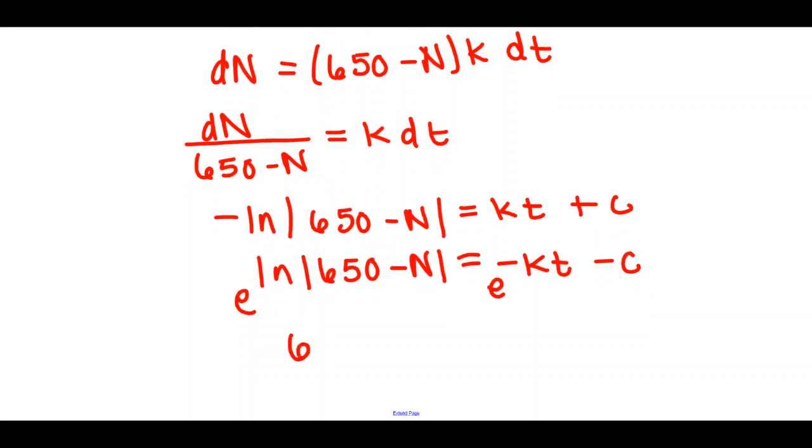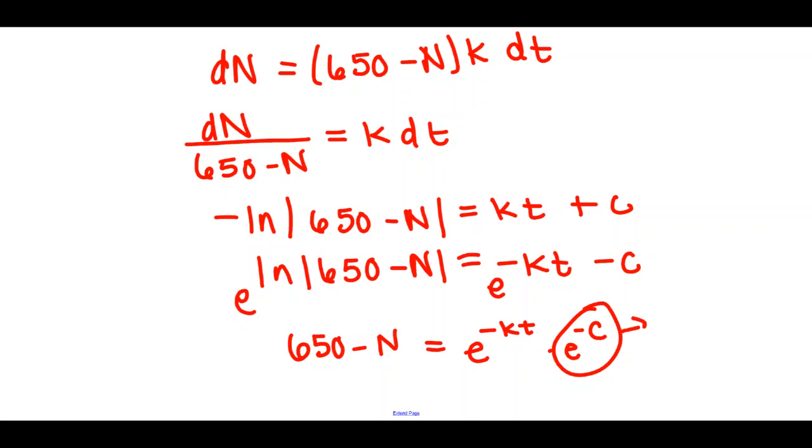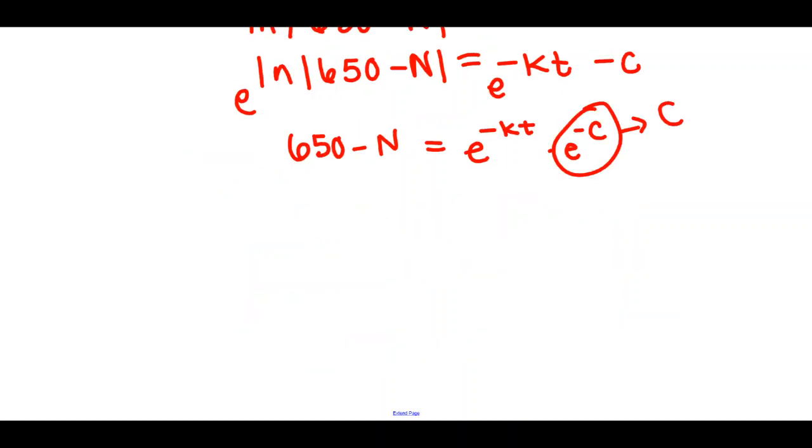So we end up getting 650 minus N equals e to the negative kt times e to the negative c. This part here is a constant, so this is our new c value. So we get 650 minus N equals c e to the negative kt.